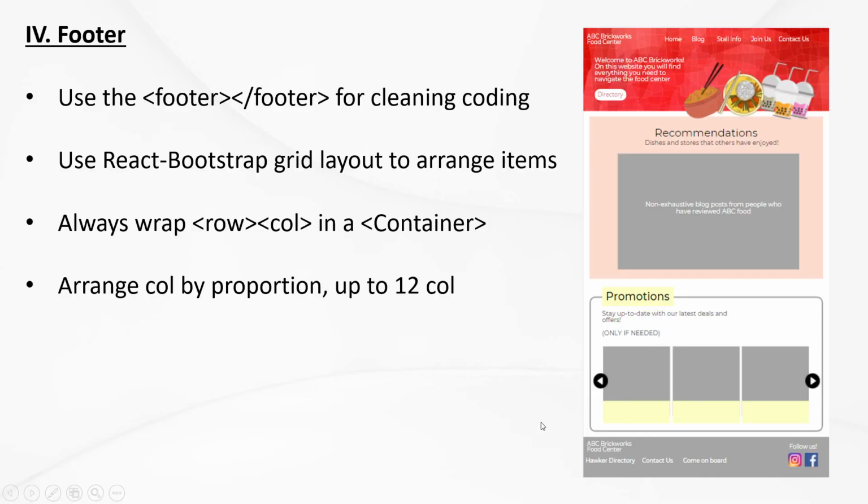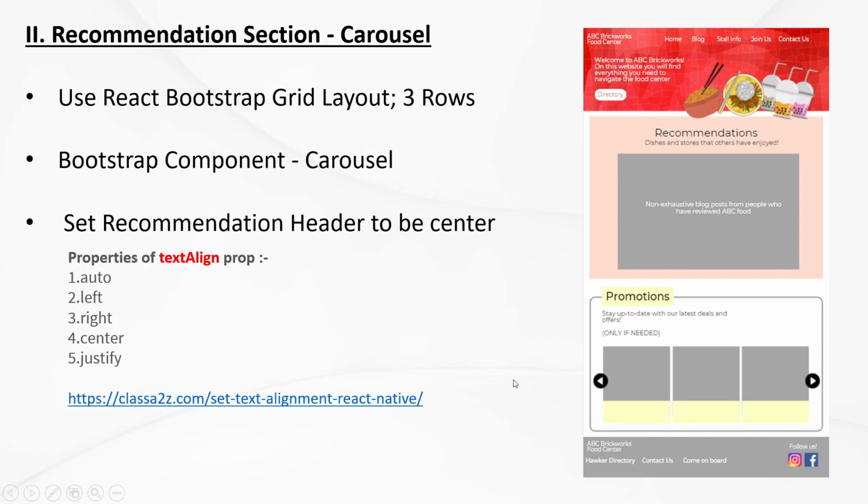So in this case, with grid layout, I am able to structure it as to however I want it. Do take note that you have to wrap your row and column in a container. And do also take note that this grid layout can segment up to 12 columns.